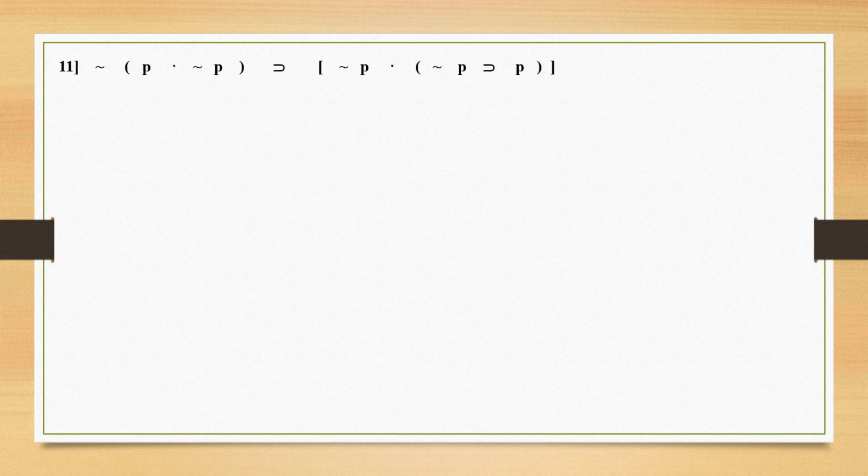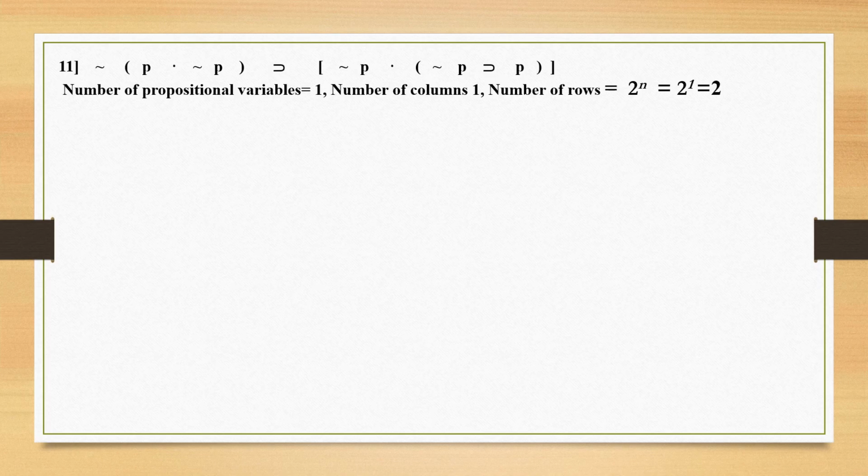11th example: not-bracket P dot not-P, close the bracket, horseshoe not-square bracket, not-P dot, in small bracket, not-P horseshoe P, close the brackets. How many propositional variables are there in this given expression? Only one, that is P. So the number of columns is 1, and the number of rows is 2 raised to 1, that is 2.